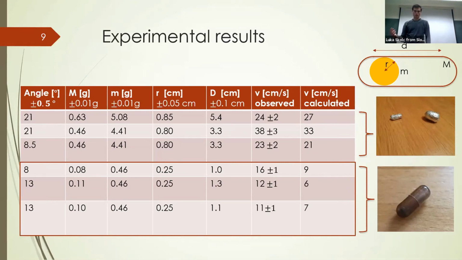Also our theoretical predictions are systematically somehow smaller, but not too much. So I think if we somehow took slipping into account, and it is a very good idea, the match should be perfect.